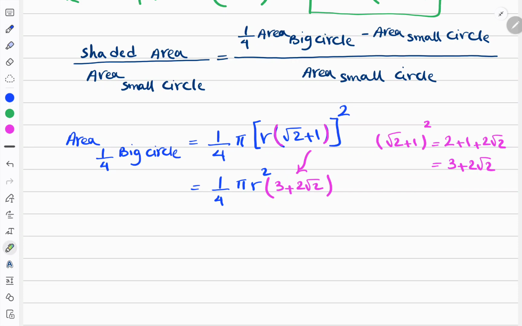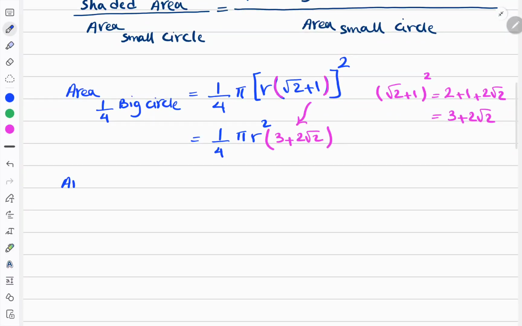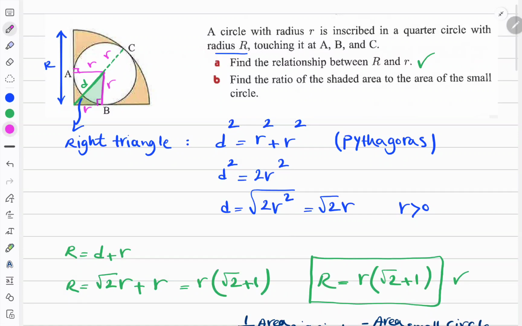And how about the area of the small circle? Pi r squared, and r is this one, the radius.